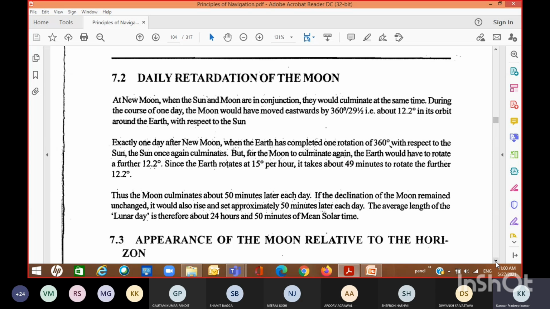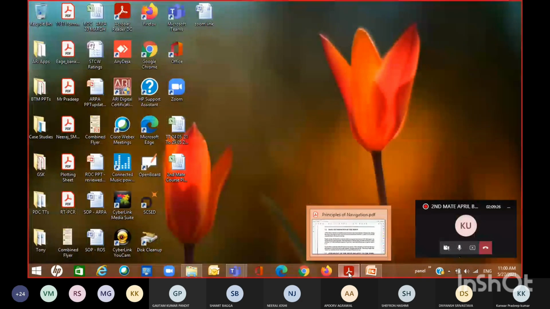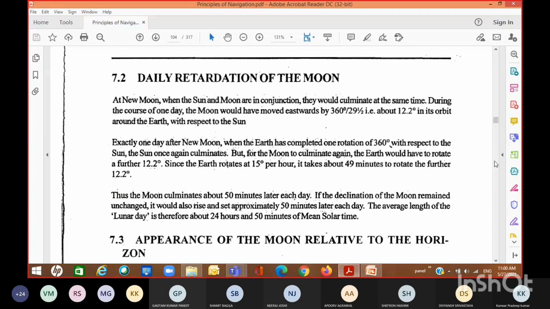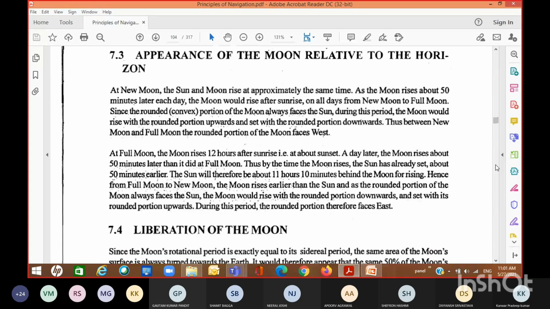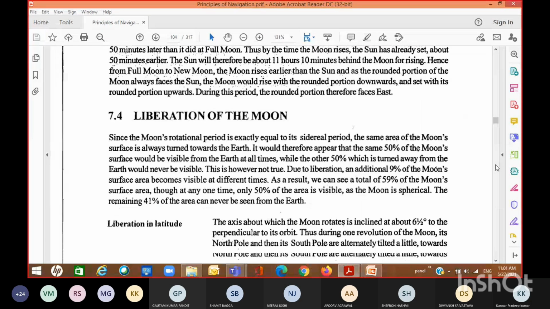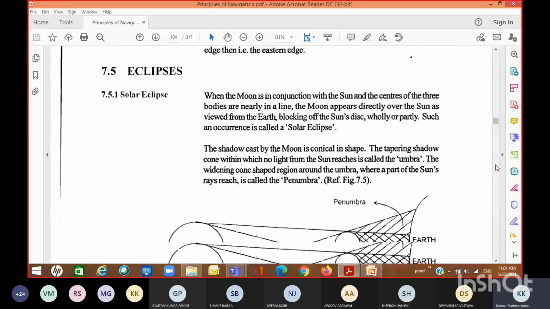You want me to show this on the board? It will be easy for you to understand. Yes, sir. Okay. I'm seeing if there is any diagram over here or not.